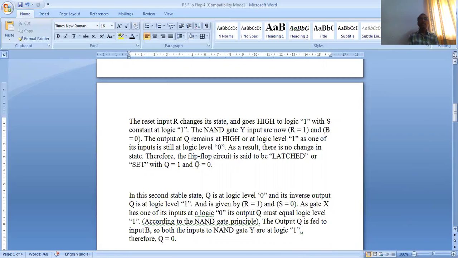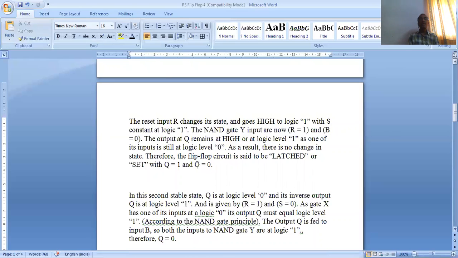In the second stable state, Q is at logic level 0 and its inverse output, Q bar, is at logic level 1.